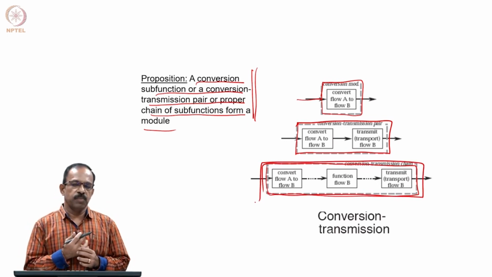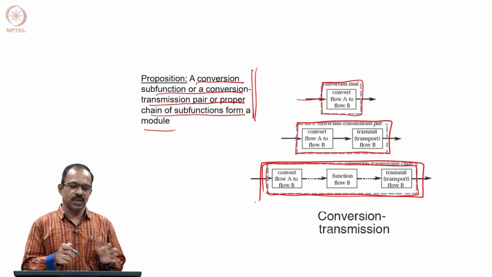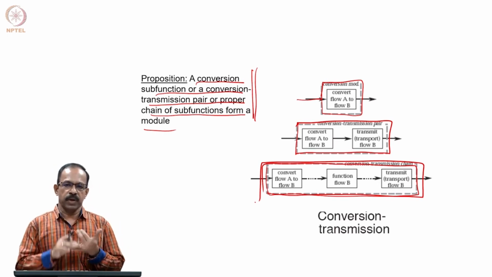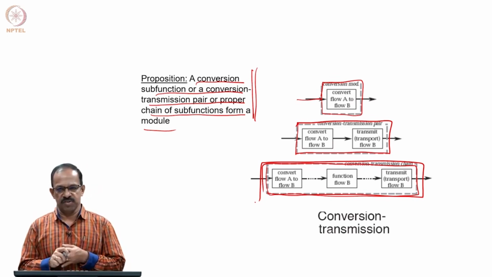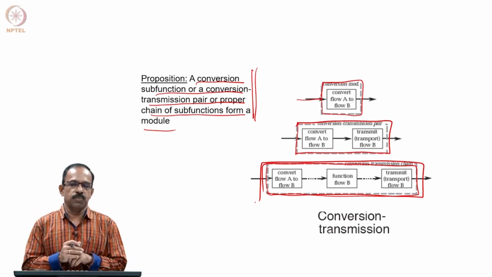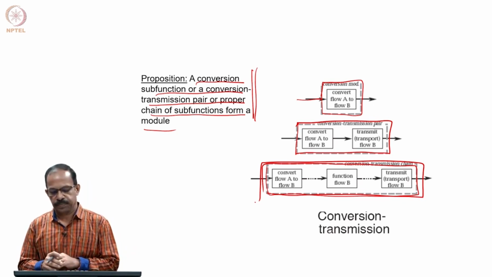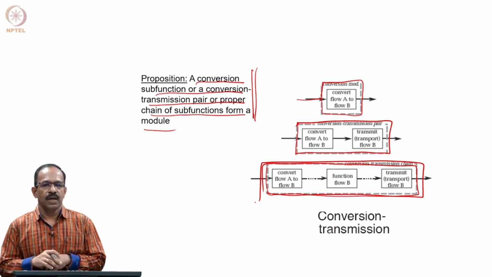So, this way you will be able to identify the modules using these 3 heuristics: the dominant flow, the branching flow and the conversion transmission. Most of the potential modules that can be identified in a product can be identified using these 3 heuristics.